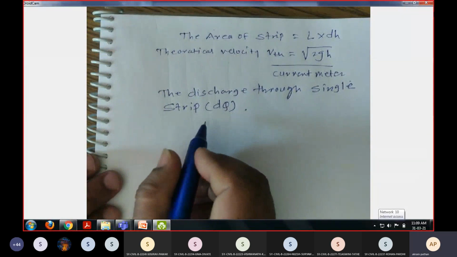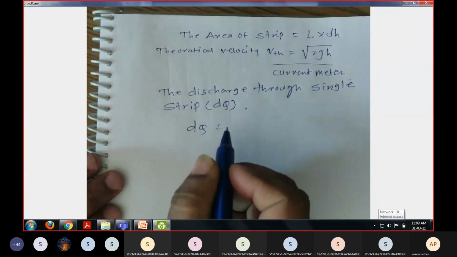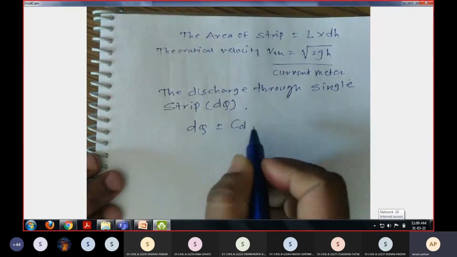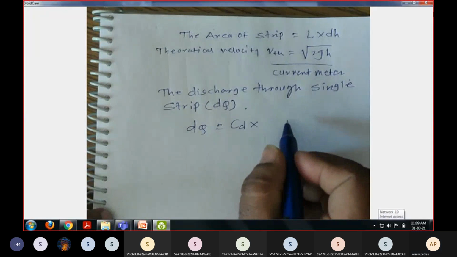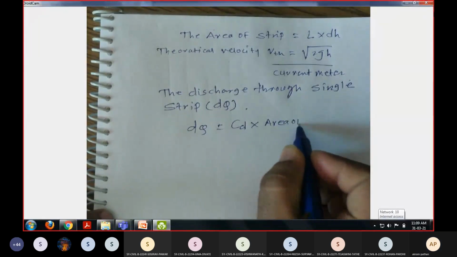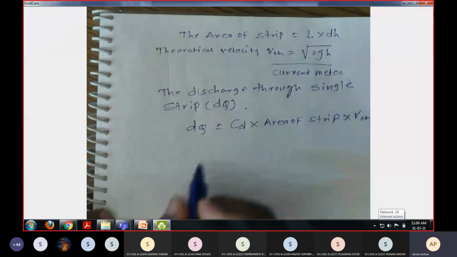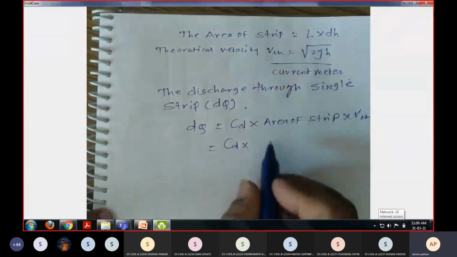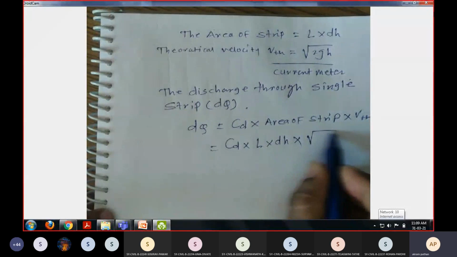So dq, how will you calculate dq? That is discharge Cd into area into velocity. Okay, area into velocity. So Cd is the coefficient of discharge, area of single strip into theoretical velocity. So Cd into area, we have calculated earlier the area of the single strip, L into dh, into V theoretical, root 2gh.